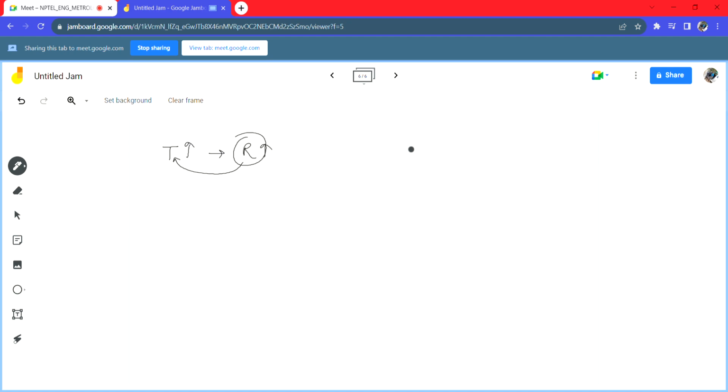Now, how to harness this change in resistance? We know that V equals IR, a very simple Ohm's law.